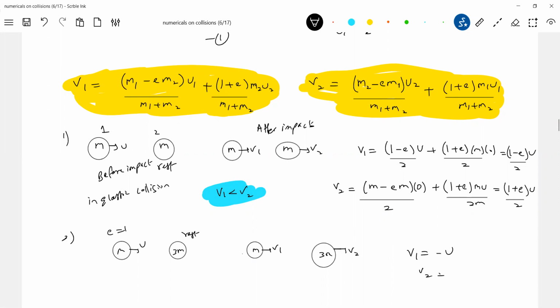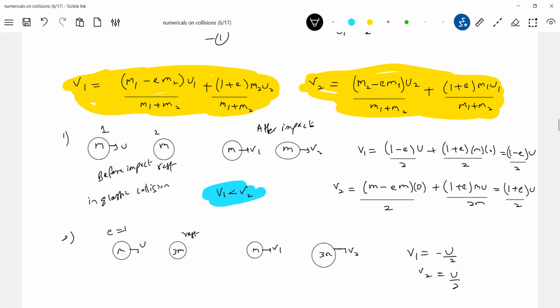v2 is equal to, u2 will be 0. Take help of this one. So it is the elastic collision, 2u by 4m. Okay, that is u by 2. Check once the calculation. What do you mean by minus u by 2?